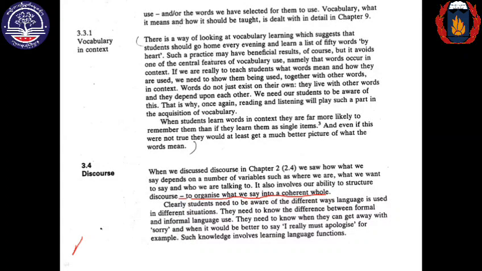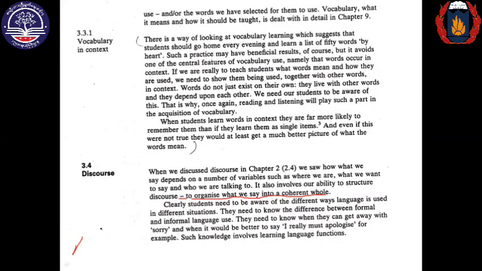When letters are combined, they become words. When words are combined, they become a phrase or clause or sentence.